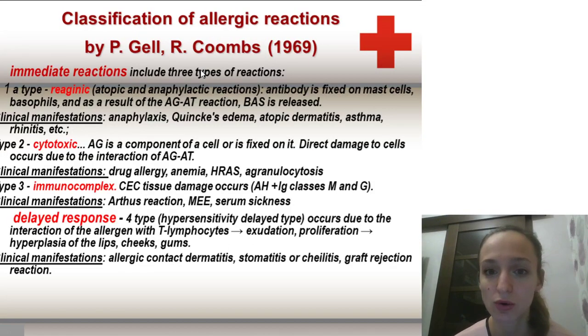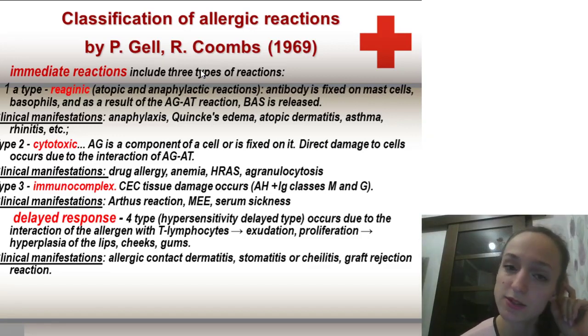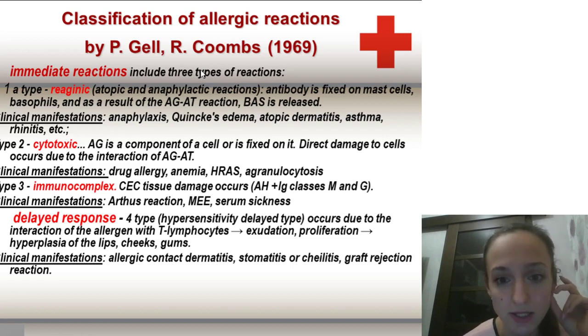And the classification of allergic reactions by Coombs and Gell. The first reaction is the immediate reaction, and it includes three types. First type is reaginic or atopic and anaphylactic reactions.